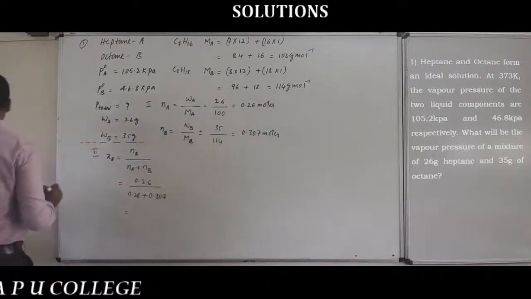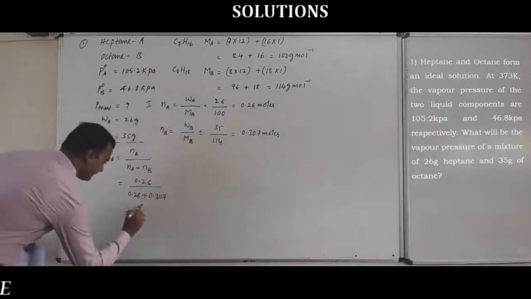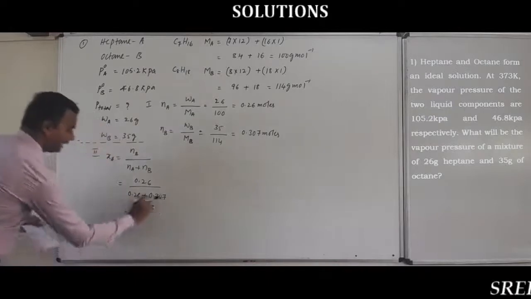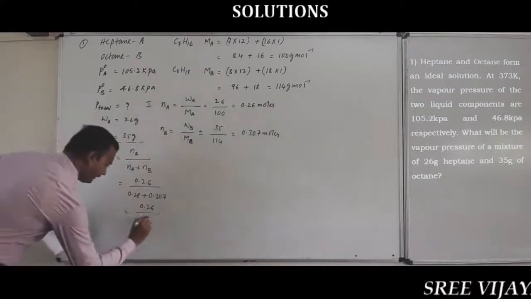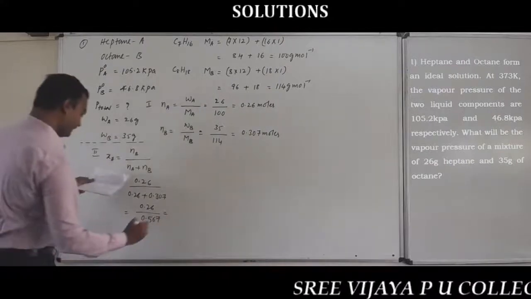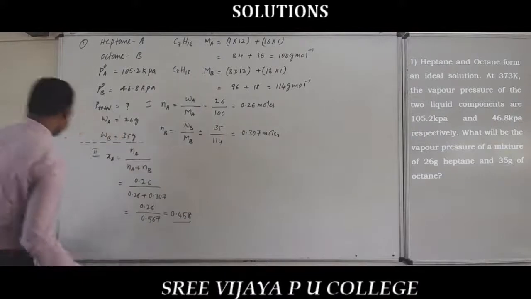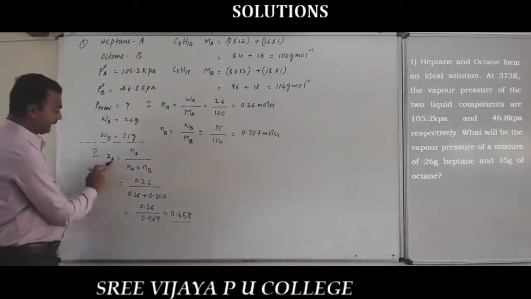So when you calculate the mole fraction of component A, that is heptane, 0.26 divided by, when you add this, you will get 0.567. So totally mole fraction of component A is equal to 0.458. That is the mole fraction of component A.